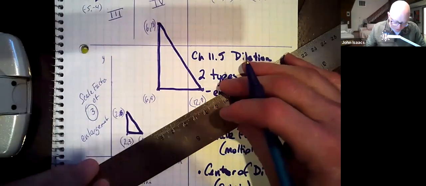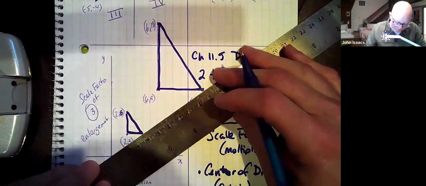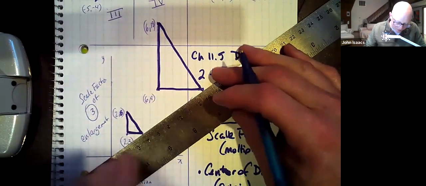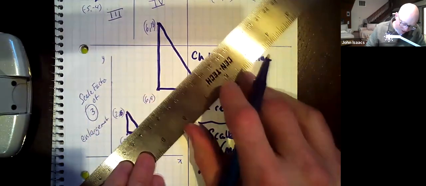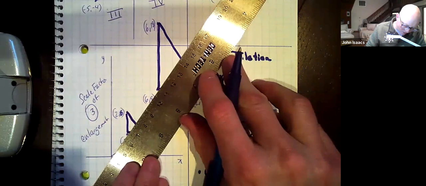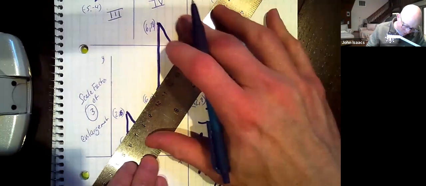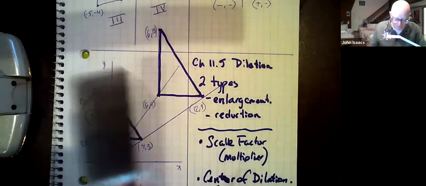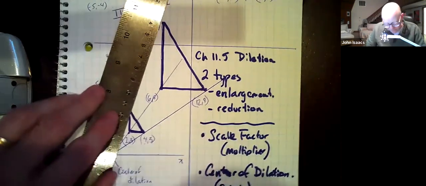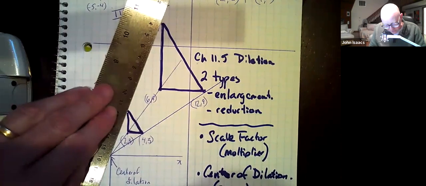What else is cool is if you go to the origin, your center of dilation, you can draw a line through the vertices. And they all line up, they're collinear with the origin. It's really neat. It just works out that way.